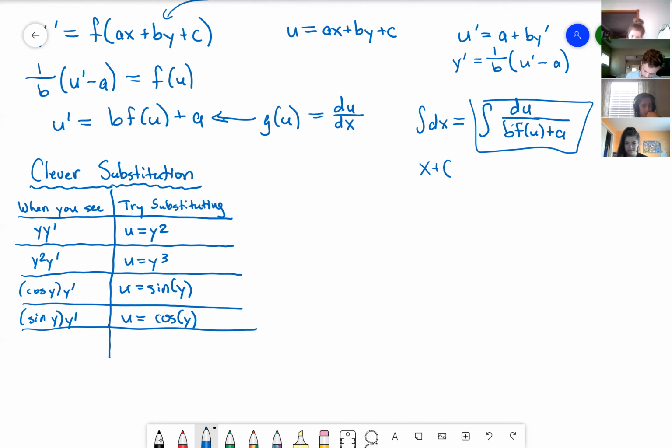If you take the derivative of the substitution, you get this thing on the right side. And finally, if you see y prime e to the y, try substituting for e to the y.